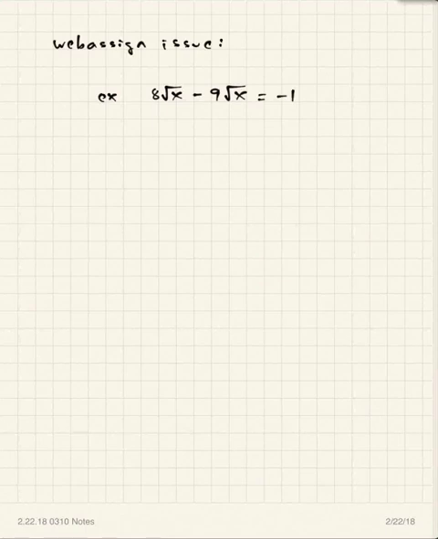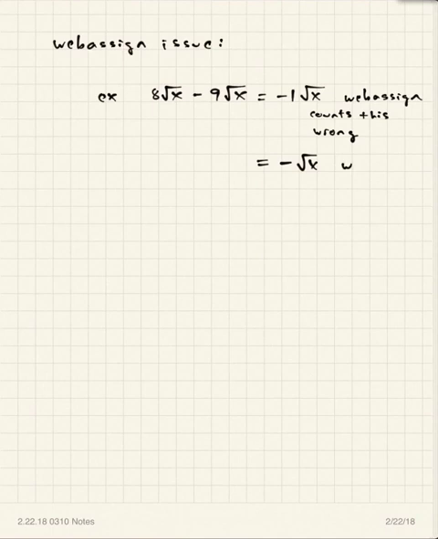Now, if you write negative 1 times the square root of x, WebAssign will count that wrong, which is not good that they would do that. And they count this right, just the negative of the square root of x.